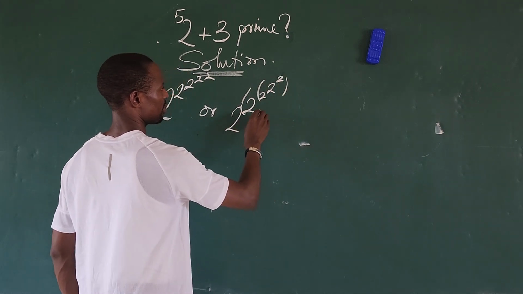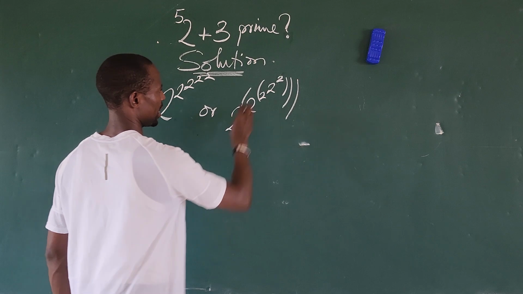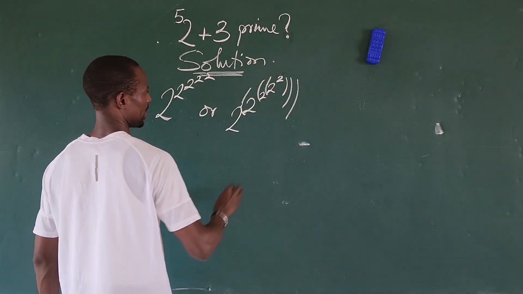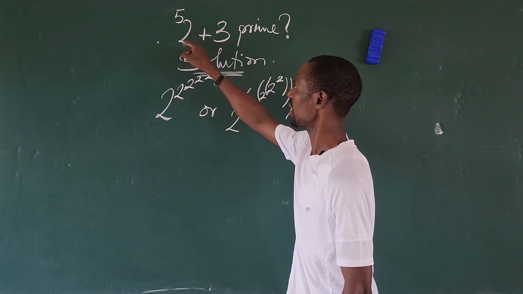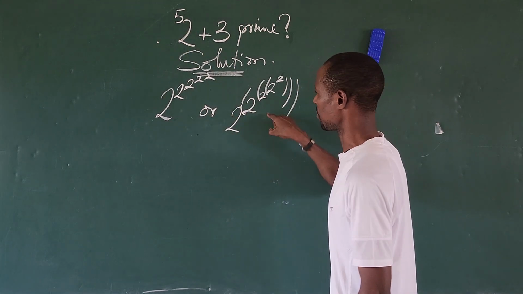So we put another bracket here. So this expression, 2 tetrated 5, could be written in this format or in this format.